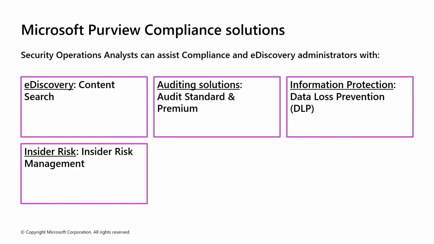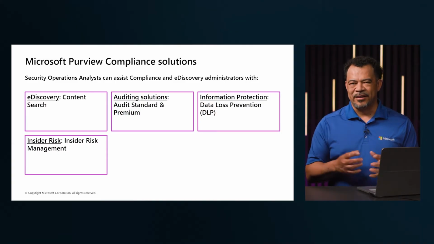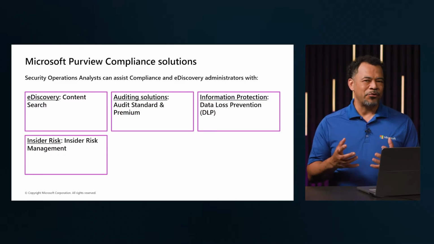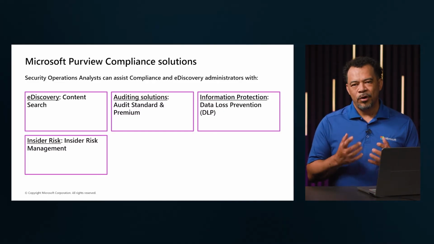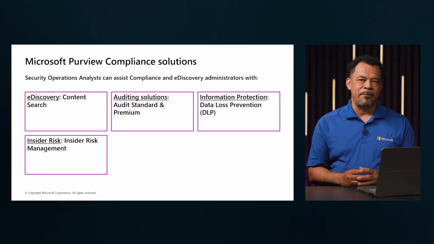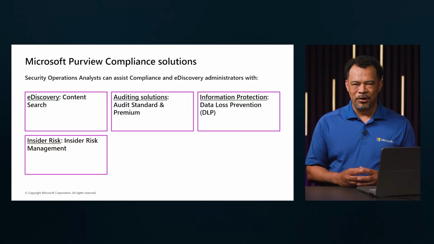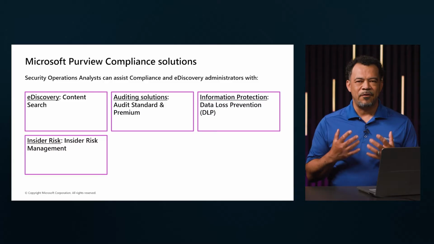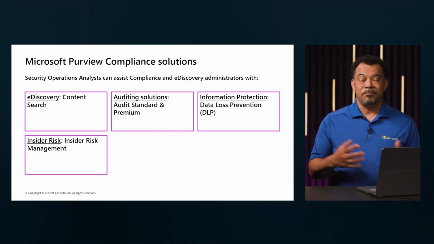This tool helps spot potential insider threats, whether someone is acting maliciously or just made a mistake. It looks at different signals to catch things like data leaks, IP theft, or other security-related issues before they become serious problems. Organizations deal with a lot of sensitive information, like financial records, health data, social security numbers, and so forth. Data loss prevention, or DLP, helps make sure this kind of information doesn't get shared with the wrong people, whether by accident or on purpose.